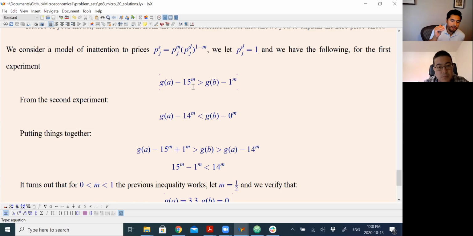First, in the 15 cents versus 1 cent, individuals pick A over B, right? So that means the Lindt truffle over the Hershey Kiss. And when the prices go to 14 and 0, then these individuals will flip. So your model will have numbers under which this happens, right? If you calibrate the model to do that, then you have satisfied the model, right?